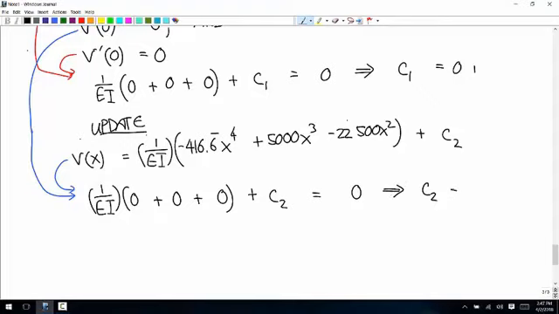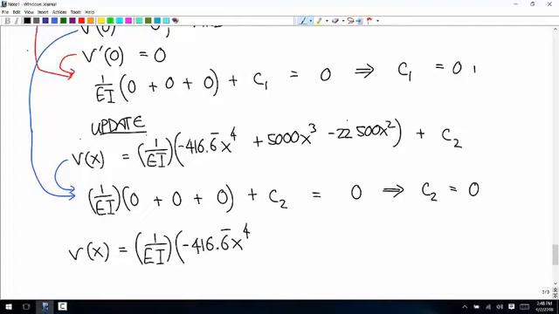So C2 has to be equal to 0. And so our final deflection function is 1 over EI times negative 416.6 repeating x to the fourth plus 5,000 x cubed minus 22,500 x squared.